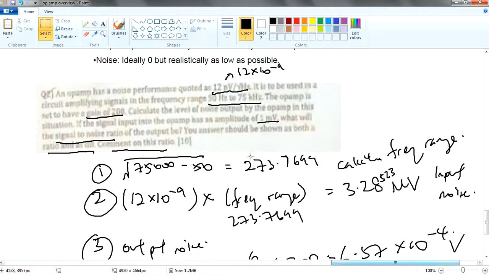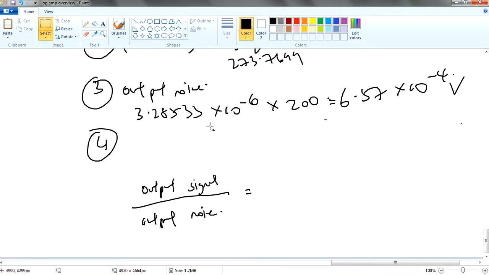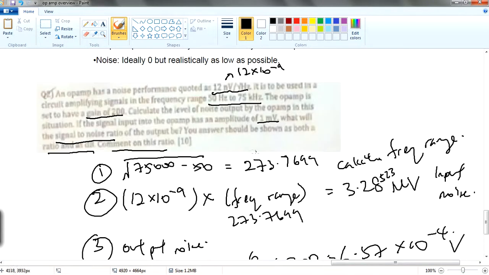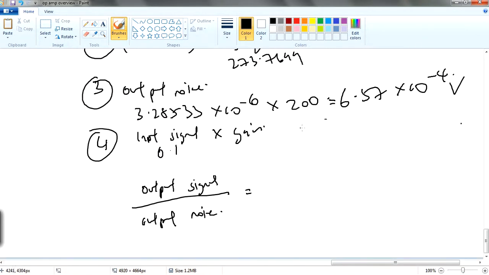So there's no gain at all. So in this case, if you have a gain, you have to multiply your input signal with the gain as well, times gain, which is 0.1. In this case it is 1 millivolt.